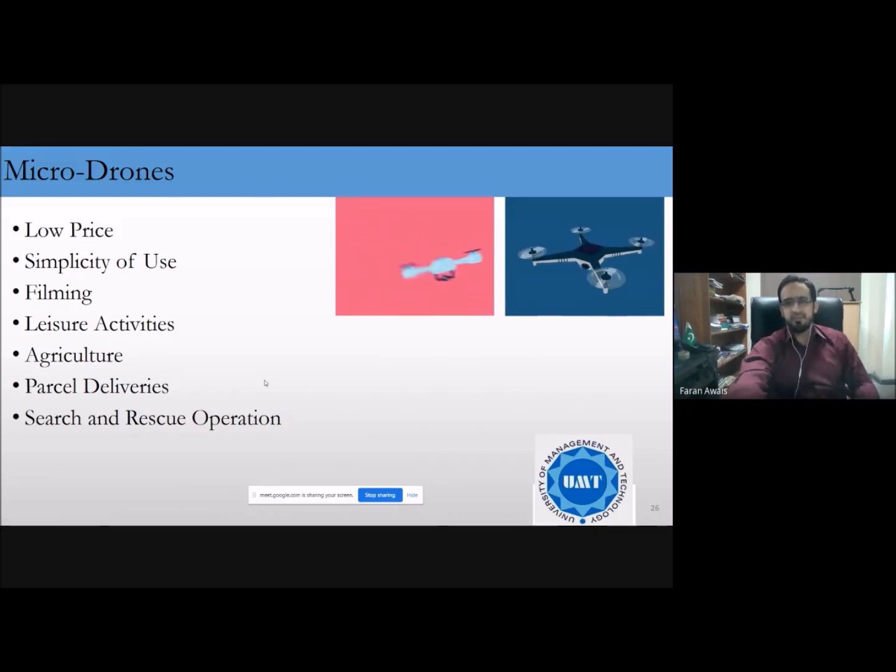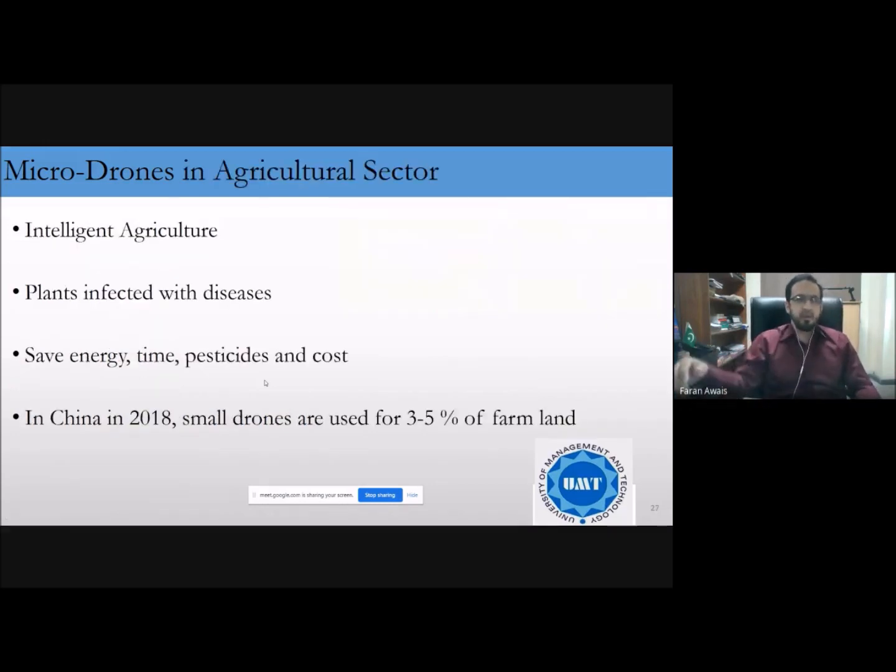So you can see the small drones. Okay, so micro drones in the agriculture sector. Micro drones have been used in agriculture in the past, but that trend has gradually increased, and it has led to something known as intelligent agriculture.